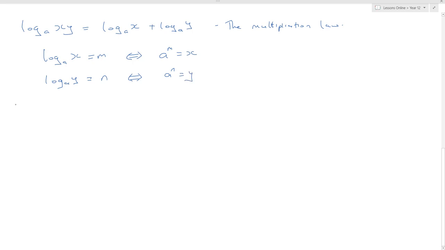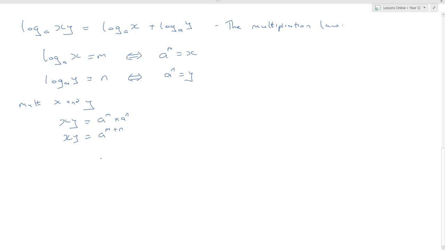So if I multiply x times y, that means that xy is going to be equal to a to the power of m times a to the power of n. Now I know from my law of indices, xy is going to be equal to a to the power of m add n.